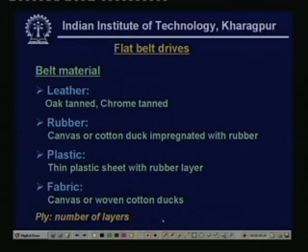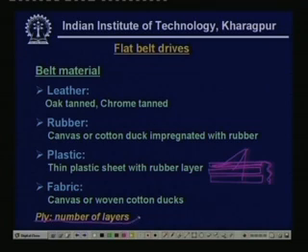Now, one can look upon these belts as one layer, another layer, and another layer; like that also one can build up a belt thickness. This is called the ply, that is, the number of layers is what we understand by the ply.